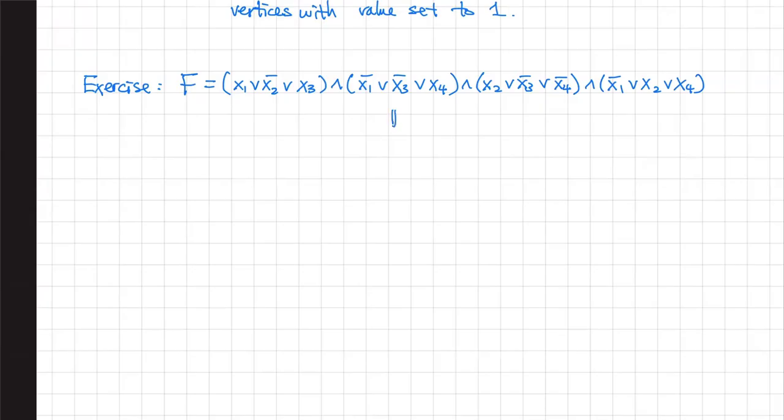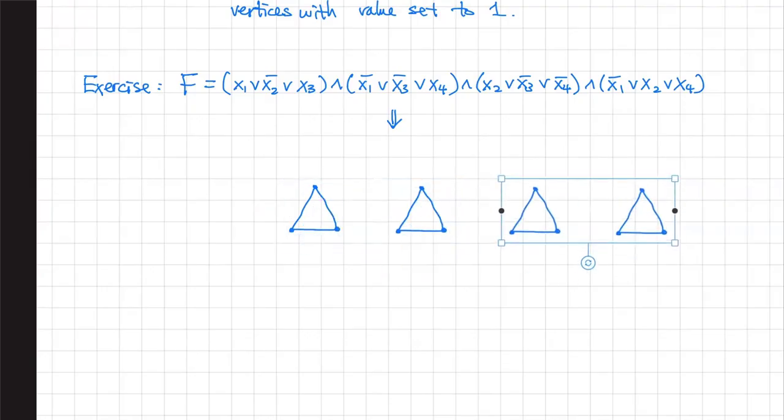First, how do we convert this to a graph? Make a triangle for each clause. So we have this is 1. This is 2. And then we have 3 and 4.